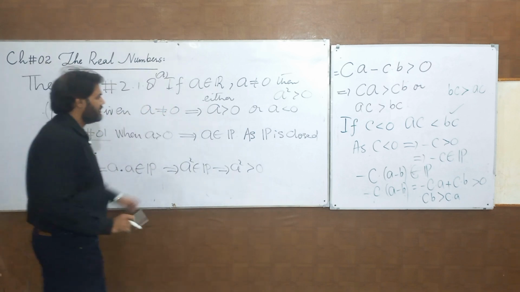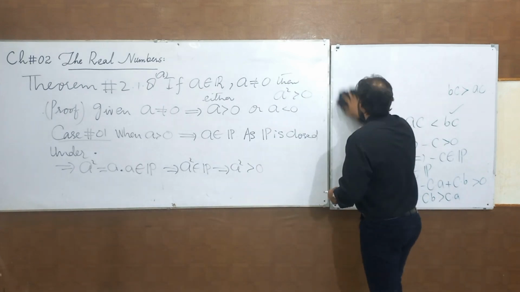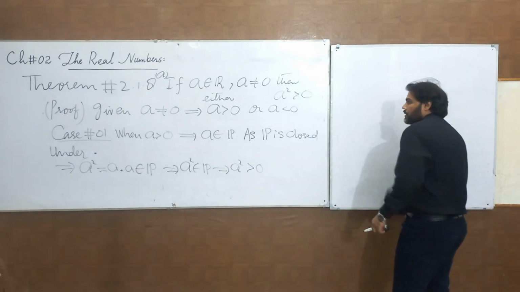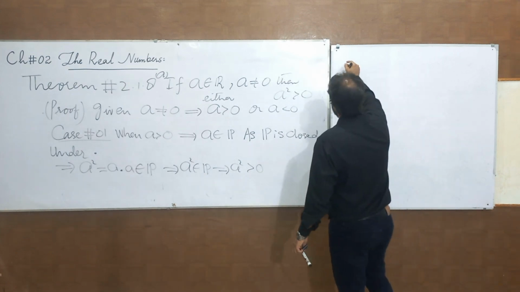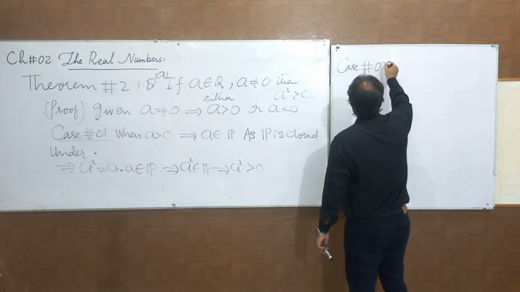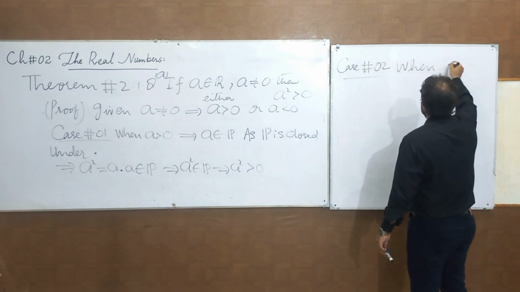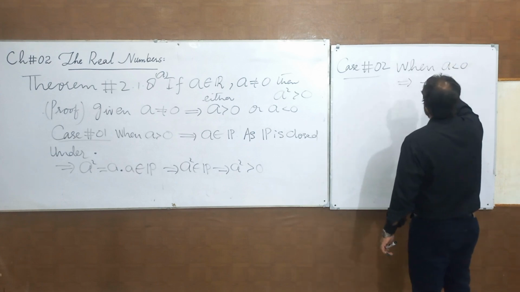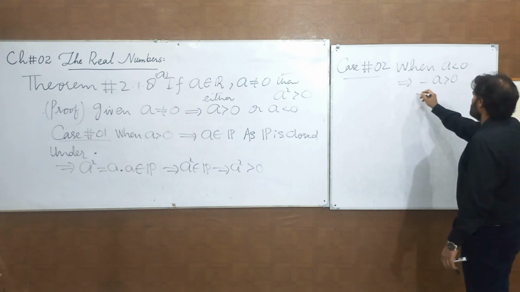Case number 2, when A is negative. When A is less than 0, it means minus A is greater than 0. Minus A is greater than 0 means minus A is positive.